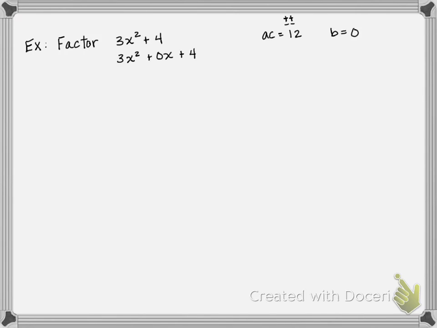Yeah, the only way you can add two numbers to get 0 is if one's positive and one's negative, right? Two positives will always get a positive and two negatives will always get a negative. And so this is prime. Done. Because we need a positive and a negative to add to 0.